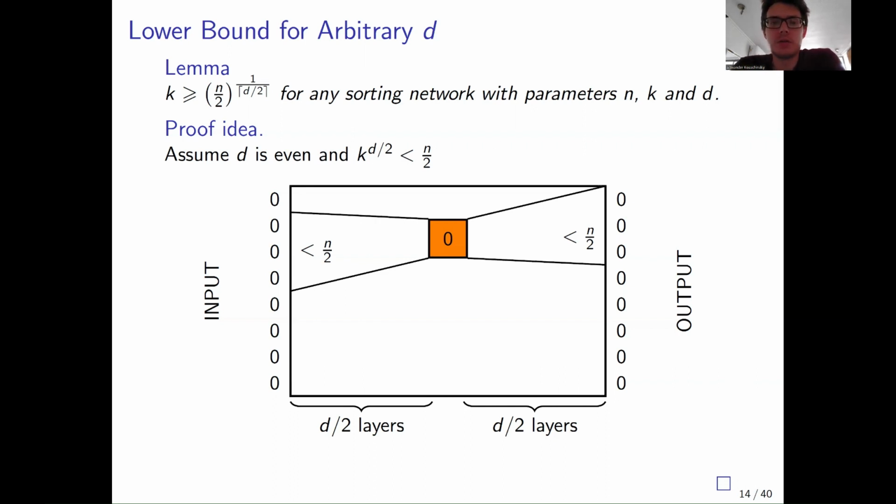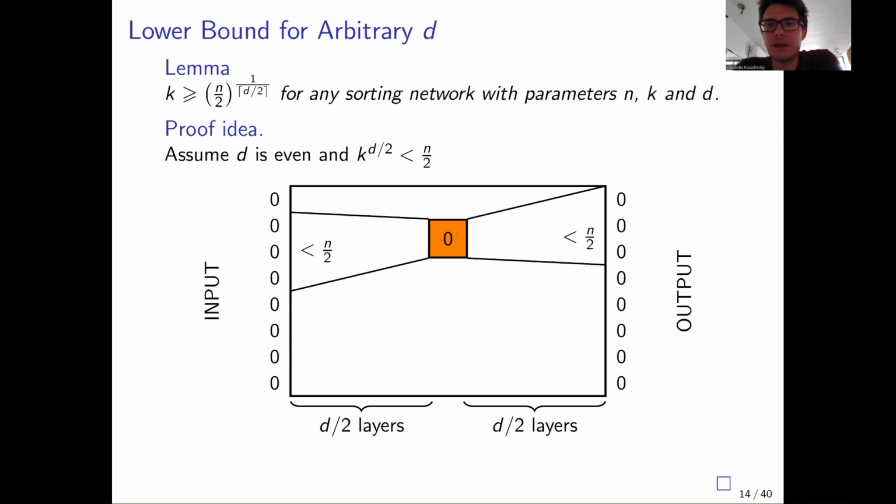So now what is drawn here? I observe that this orange cell depends on at most n over 2, in fact, on less than n over 2 input cells, because there are d over 2 layers between this orange node and input cells, and every cell depends on at most k cells from the previous column.